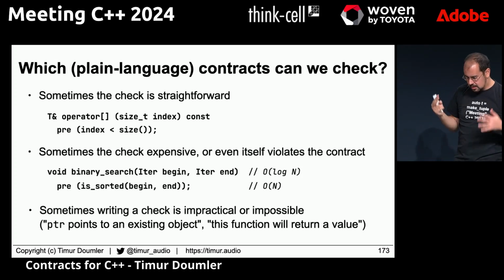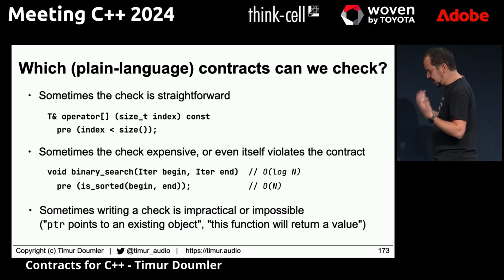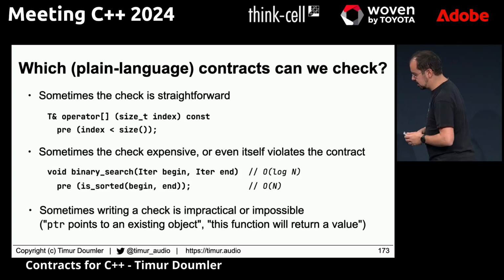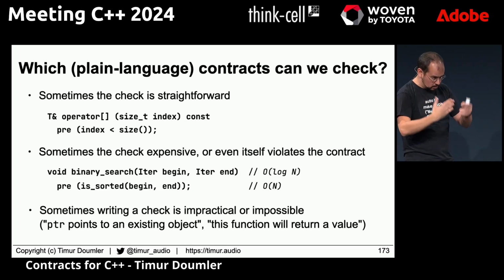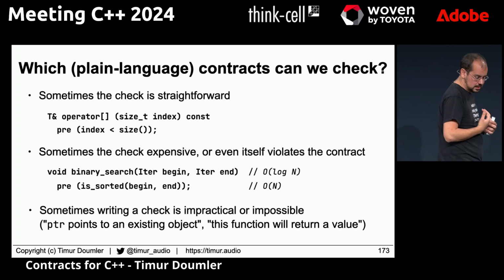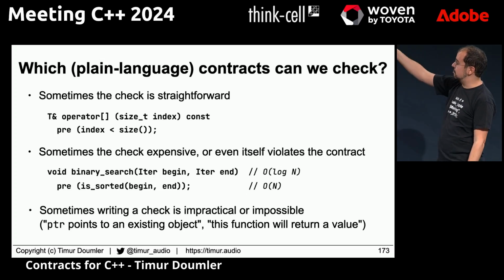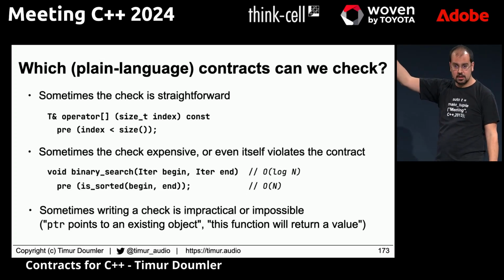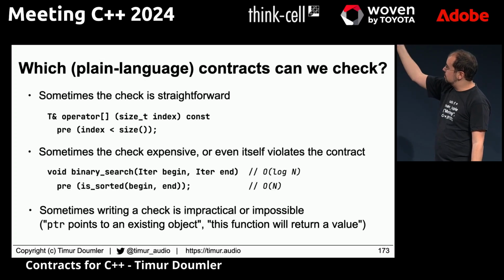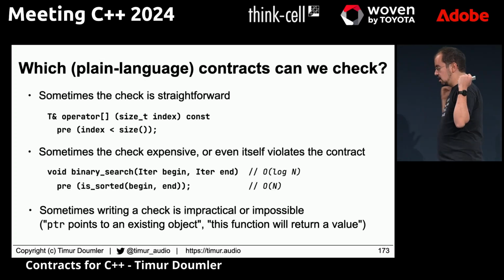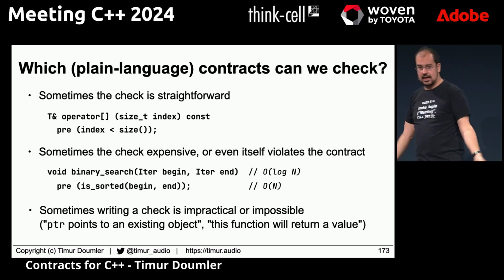And sometimes you just cannot insert a check for program evaluation that lets you check whether a part of the plain language contract has been satisfied. For example, pointer points to an existing object. This is the classic memory safety problem. To check this during program evaluation, you would have to do instrumentation like ASAN or something like this.